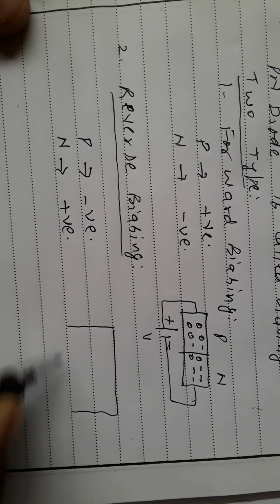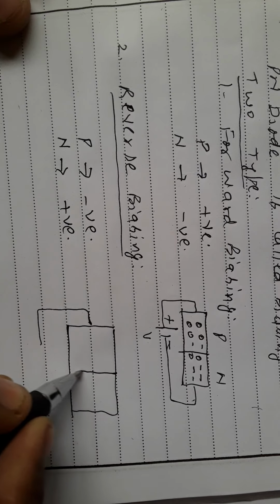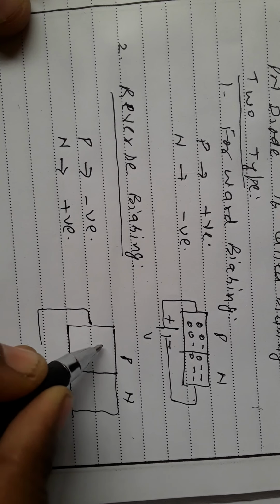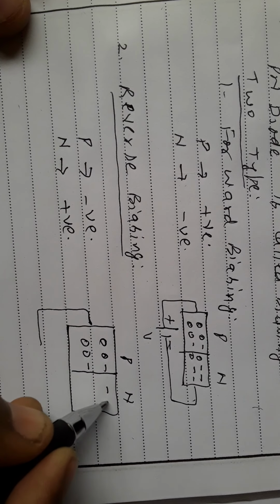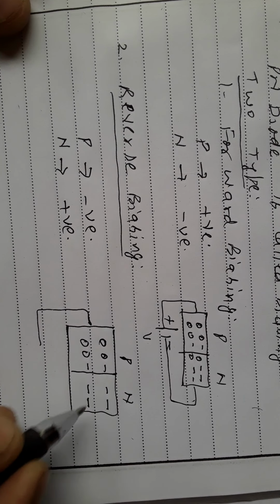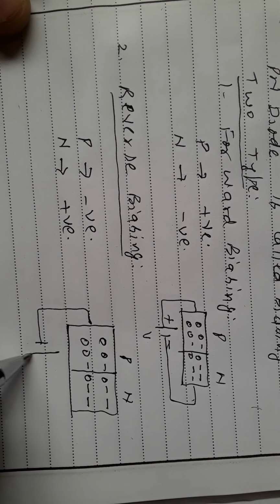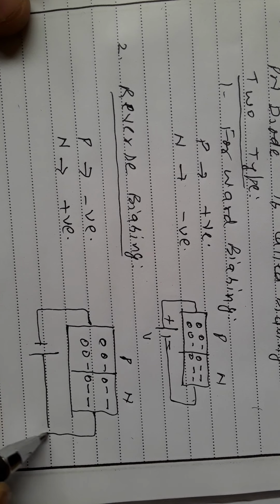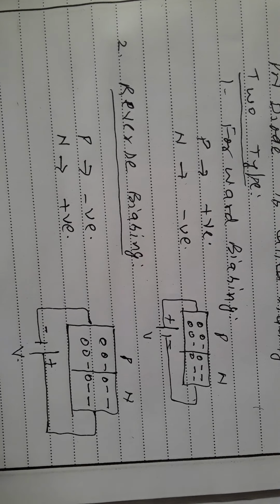This is the diode, P side, N side, majority holes, minority electrons, in the N side majority electrons, minority holes. P is connected with the negative terminal, N is connected with the positive terminal. This is called reverse biasing.